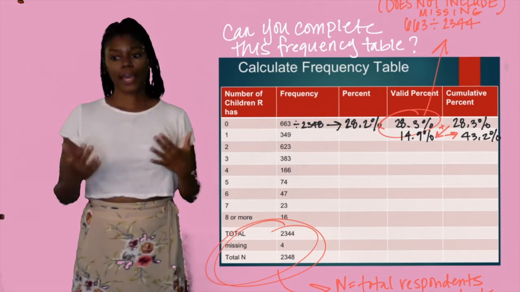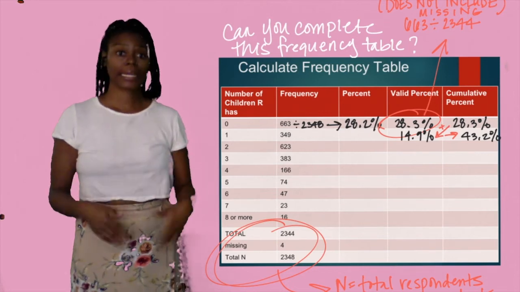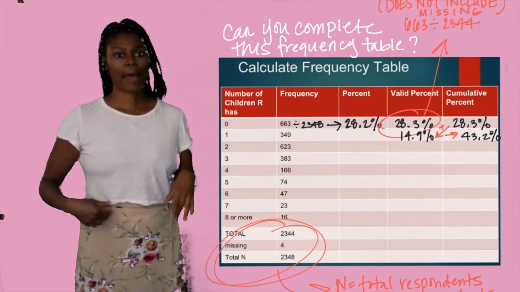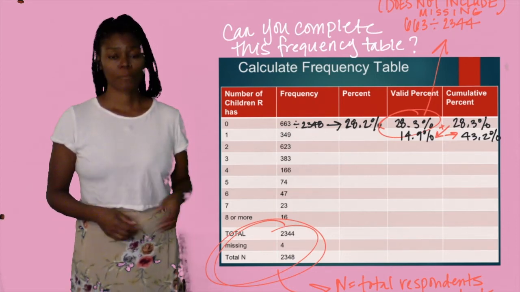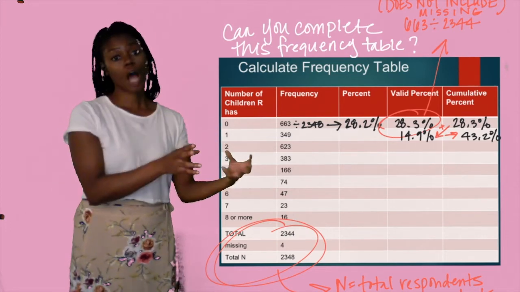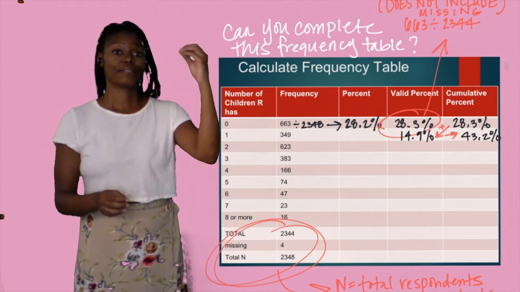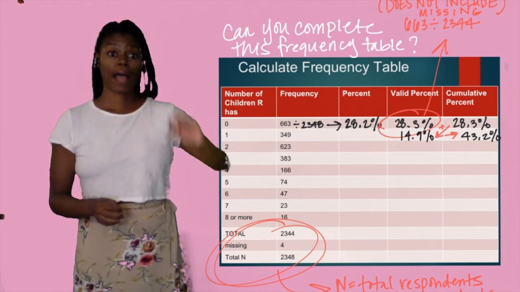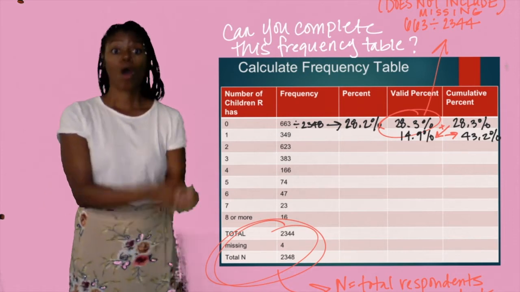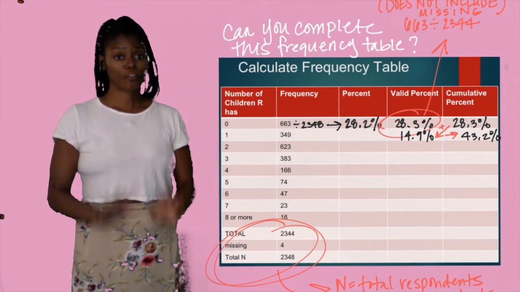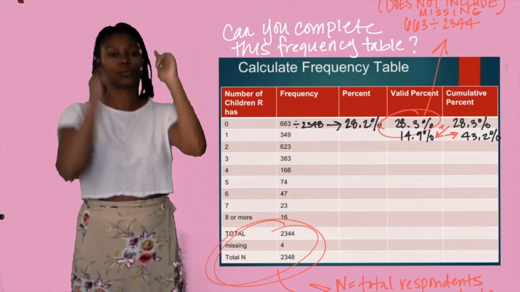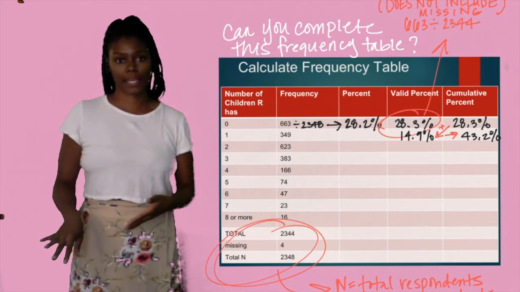So you can calculate percent and cumulative percent and valid percent in a way that makes more intuitive sense. When we talk about the difference between percent and valid percent, we're talking about the difference between dividing the frequency by the total number of people who took the survey, or the total number of people who answered the question in the categories that are directly reflective of the question, not the missing categories.